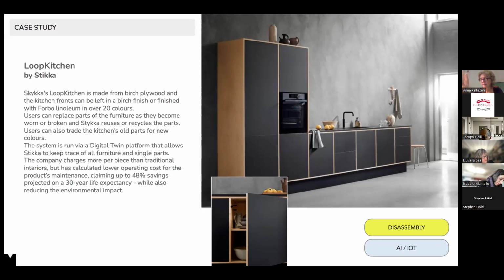Clearly, their target is not specifically the individual user, but rather communities. So that type of social housing, a type of housing that is more common in Northern Europe, and they target durability.